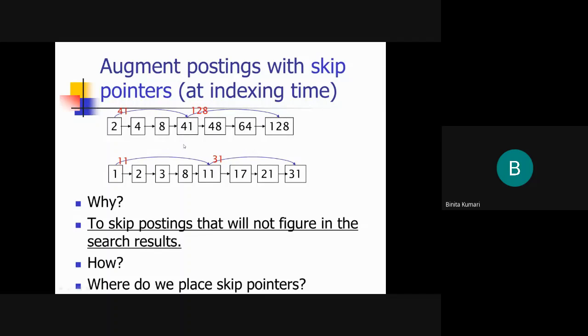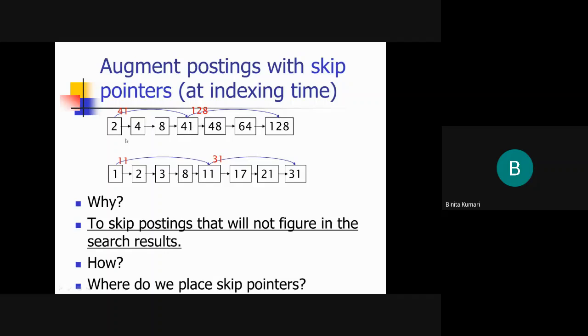Instead of that, what is being done is another pointer is being kept, whose name is skip pointer. What it is doing is, instead of going through all the document IDs, we can jump through some of the document IDs. 2, 4, 8, 41.